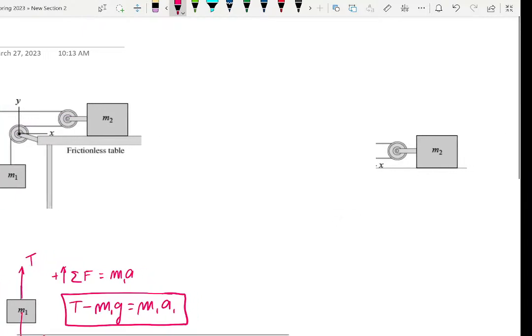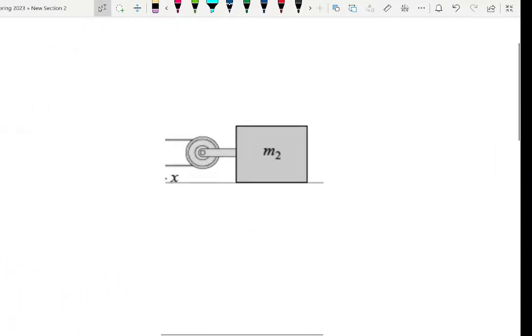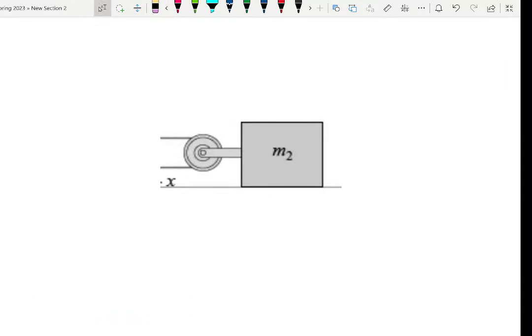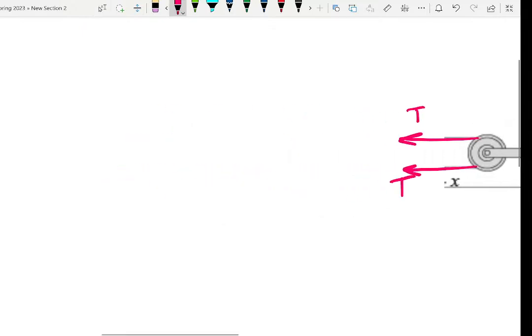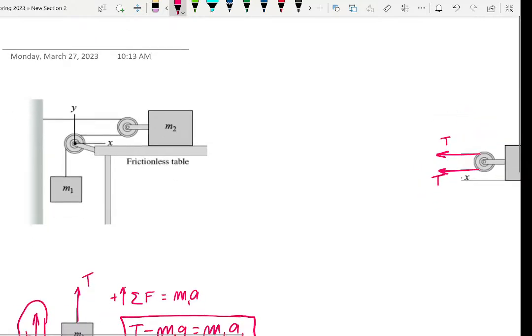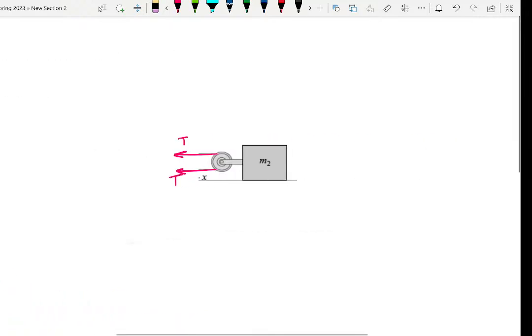So you essentially have this tension being the same because there's no mass. If there was a mass on this pulley, the tension in this line would be different than that one, unless they were not moving. If they were not moving, they would be the same.